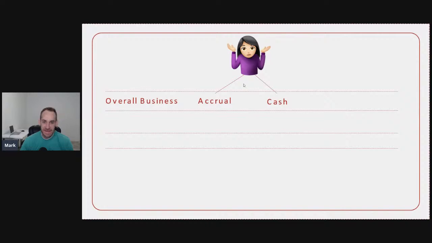There are two main accounting methods when you're talking about your bookkeeping. You can either use the accrual method or the cash method. And I'm not even talking about inventory right now. I'm just talking about overall. So the accrual method is when you recognize income even when you haven't actually received the cash.